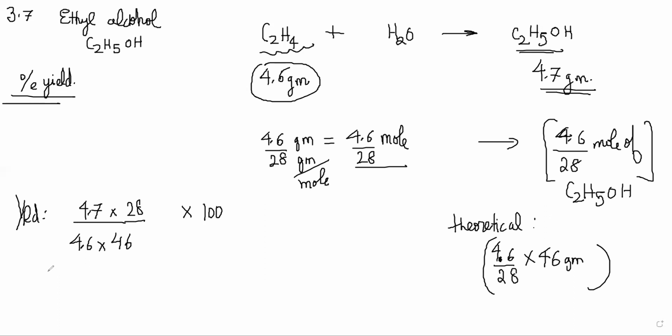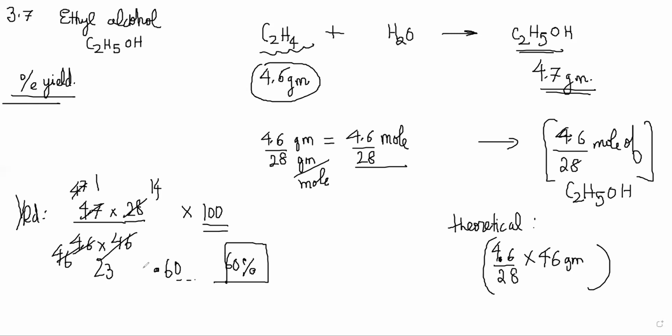So this becomes 47 into 28 divided by 46 into 46, into 100%. This is almost 1, and 28 by 46 is 14 by 23. 14 by 23 is 0.6 something, into 100, so that will be 60%.